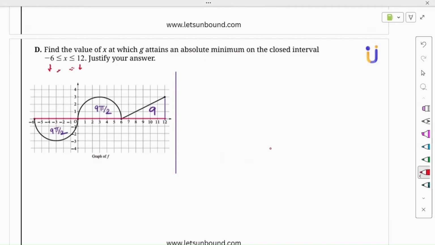How will we find the relative minimum? Absolute minimum is very simple, we can do that at the time of the candidates test. A relative minimum of g occurs when g prime changes its sign.